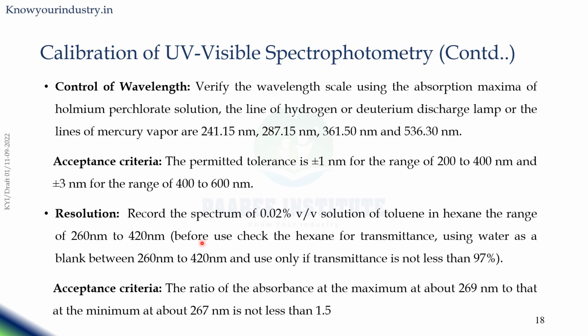Then the resolution will be verified by recording the spectrum of 0.02% volume by volume solution of toluene in hexane in the range of 260 to 420 nanometer. The acceptance criteria is that the ratio of the absorbance at the maximum at about 269 nanometer to that of the minimum at 260 nanometer is not less than 1.5.